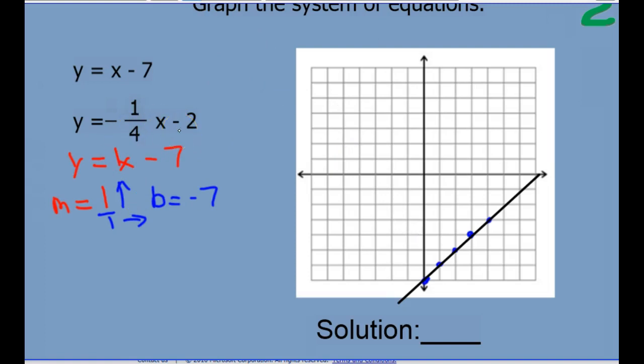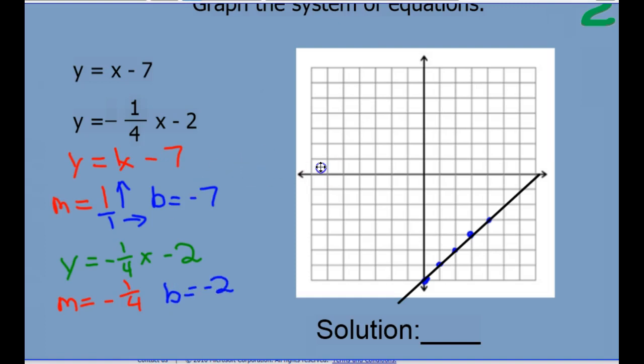The second one says y equals negative 1/4 x minus 2. So that means our m is negative 1/4 and our b is negative 2.